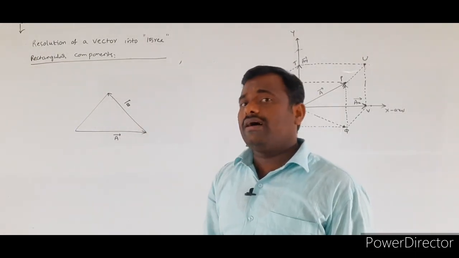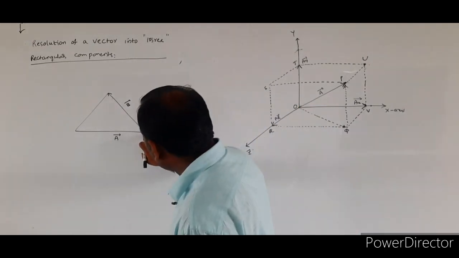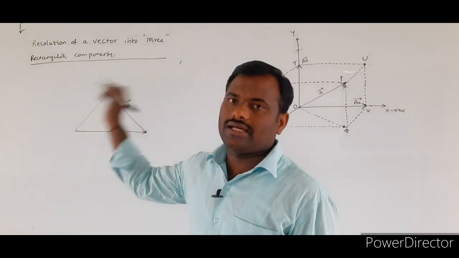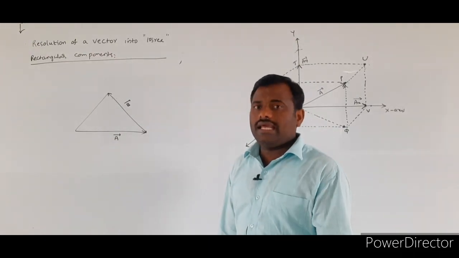What is the meaning of taken in order? The head of the first vector is joined with the tail of the second vector. That is the meaning of taken in order.